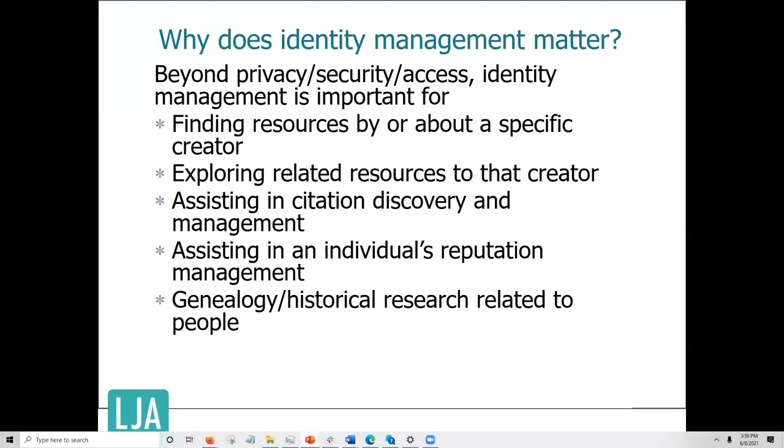It can also assist in an individual's reputation management. I don't think we really think about this one enough, but if you are especially a library faculty member or even a teaching faculty member and you're getting ready for tenure, putting together your dossier, or maybe you just want to tidy up your academia.edu or your ORCID account, being able to have those links to resources that you've published, or if you submit works to an institutional repository, having links to those works and being able to pull those resources together can be part of that dossier package.